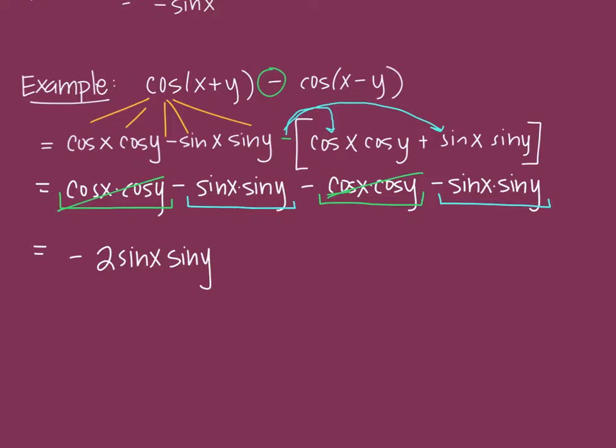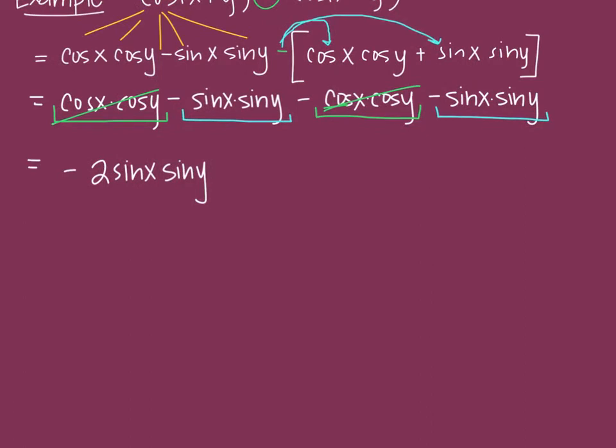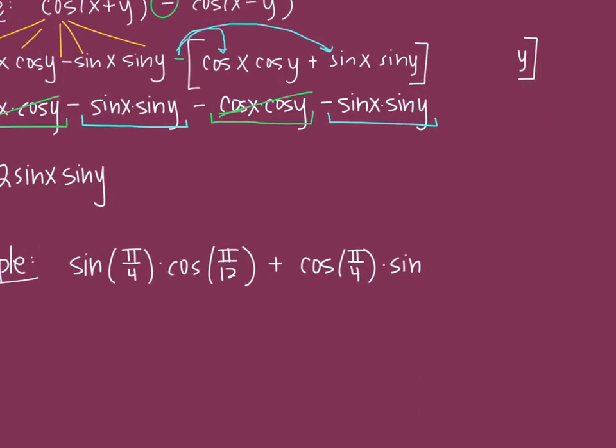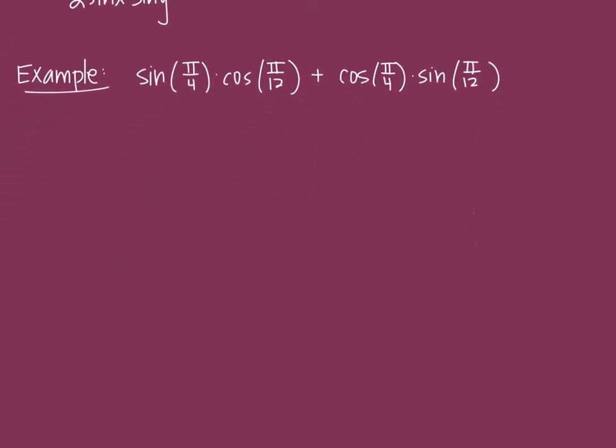Okay, last couple. Go back to the unit circle a little bit here. What if we have sine pi fourths times cosine pi twelfths plus cosine pi fourths times sine pi twelfths? Okay, now you got to run this whole thing backwards.